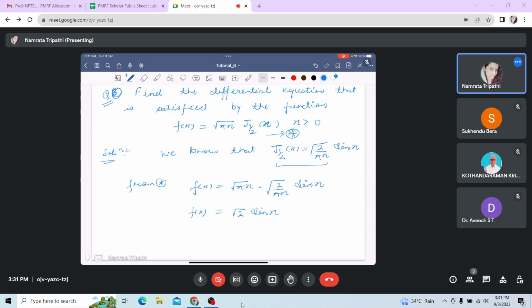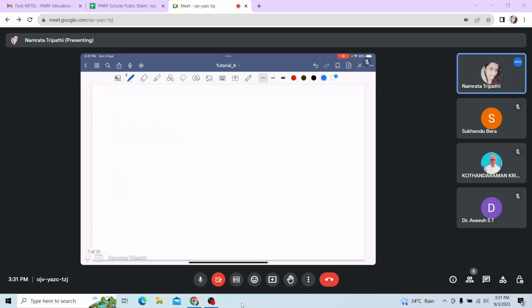So what should I do? We have to remove f of x. Okay. If we again differentiate this equation, what will we get? Minus root 2 sin x. Yes.